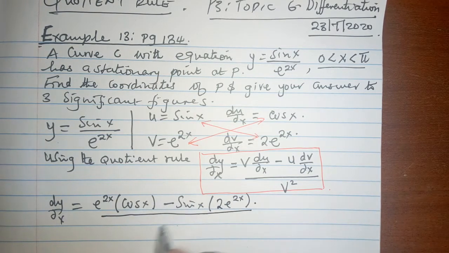All this is over v squared, e to the 2x squared.